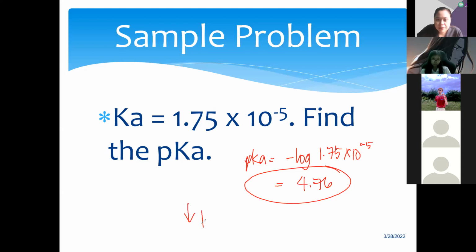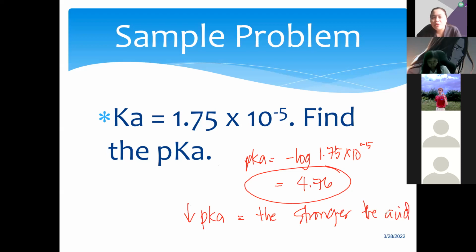The lower the pKa, the stronger the acid. Okay? This is how you interpret it. The more na mababa yung value ng ating pKa, it means the stronger the acid. So yung mga strong acids natin, like concentrated hydrochloric acid, you had your experience with the hydrochloric acid in the laboratory.